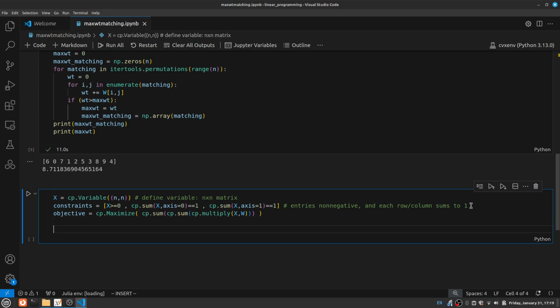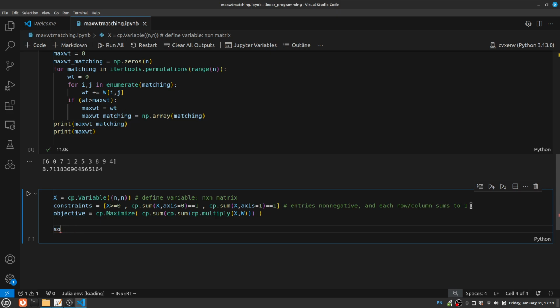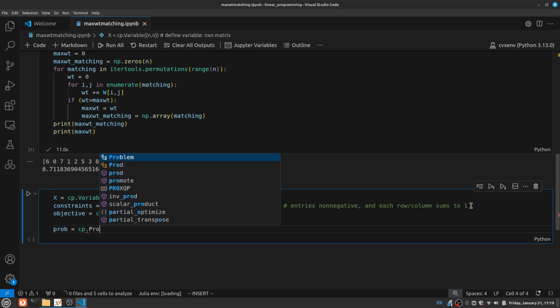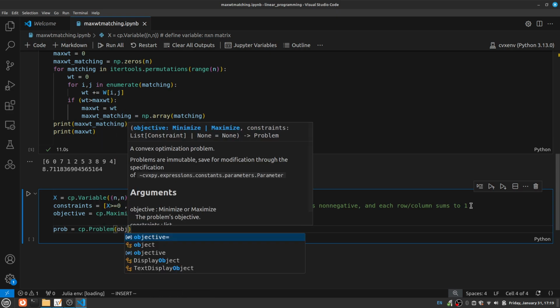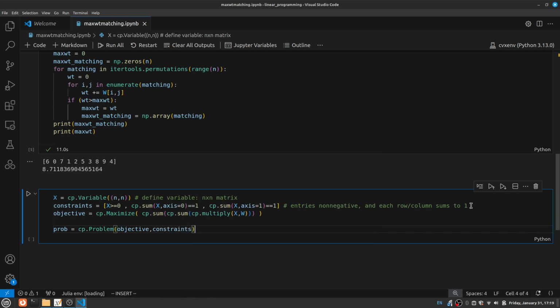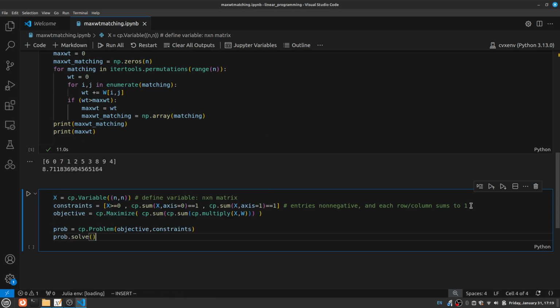And now I just say cp.Problem of objective, constraints. So I've defined the problem. That's it. Just these many lines of code and I get the solution.